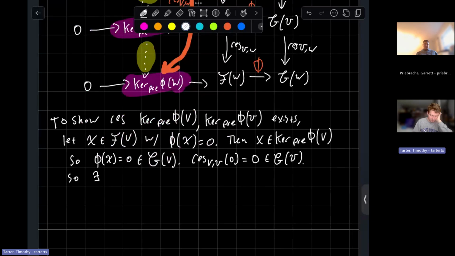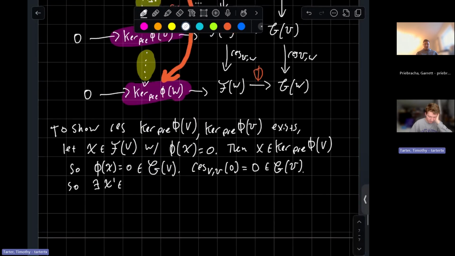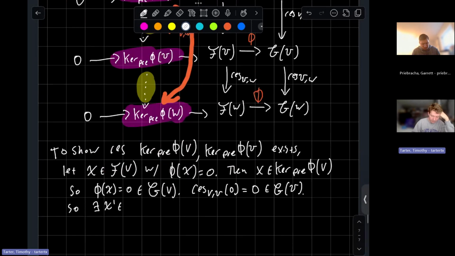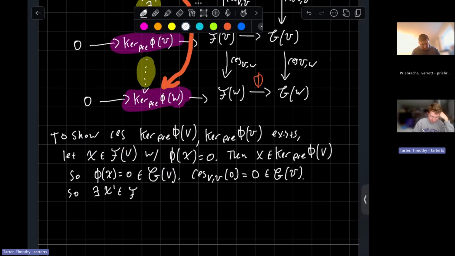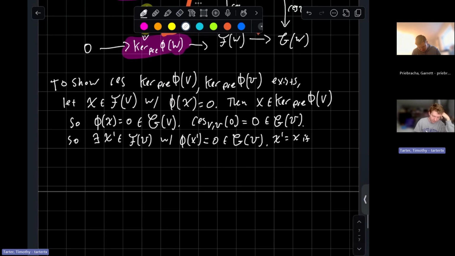So there exists x prime in F over U with phi of x prime equal to 0 in G over U, x prime equals x if x is in U, which is a subset of V.